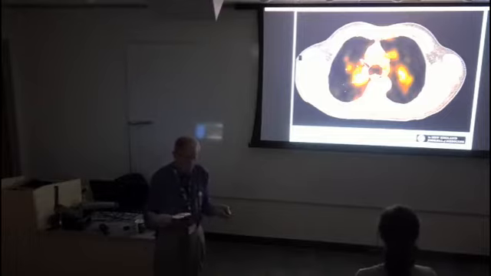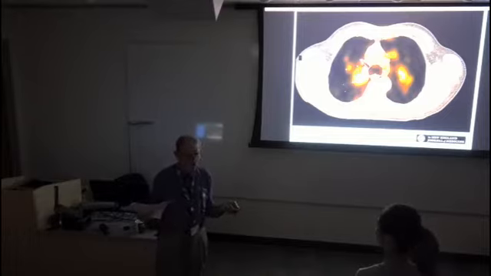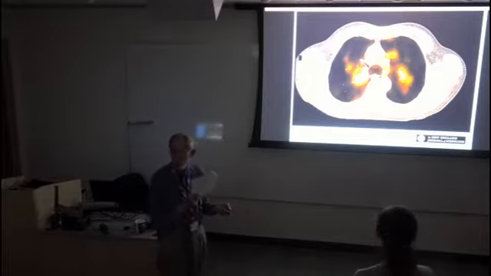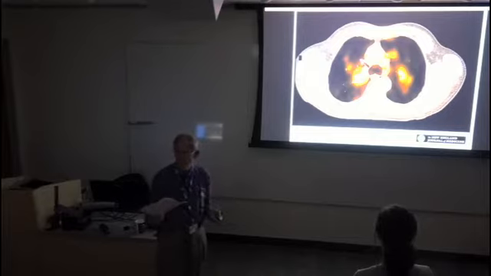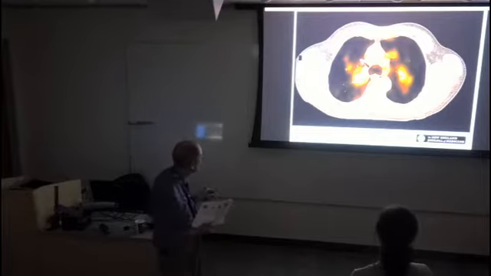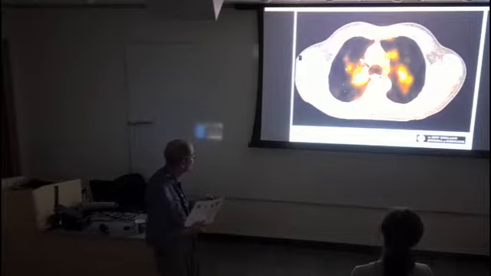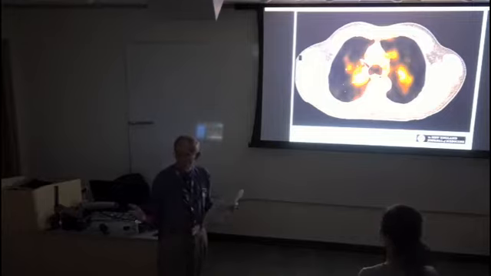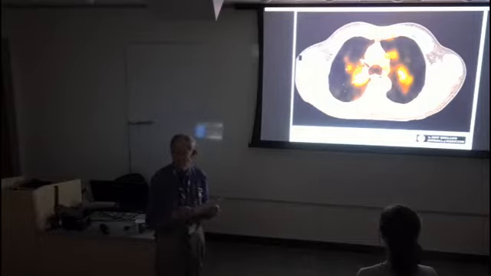Sarcoidosis you can easily treat with steroids. You can't treat metastatic cancer very easily. You need big drugs and radiation therapy. So you want to know the difference. They'll put a needle in here, get a piece of it, and look at it under a microscope, like we said before, and then they'll know how to treat it. The PET's useful for that, but in this particular case, not cancer.